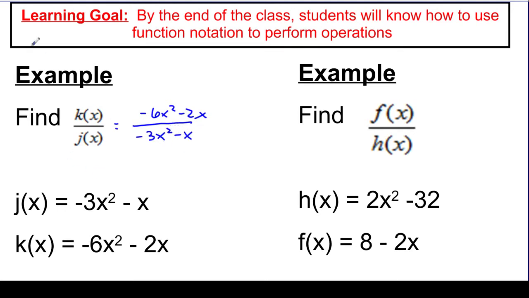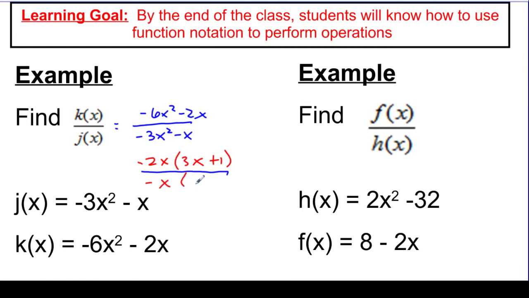So I need to factor this expression. If I factor the numerator, it looks like they have just a GCF of negative 2. So let's remove that. Negative 2x, and it looks like I'm left with 3x plus 1. My denominator, I'm going to look at this and say, this has a negative x in common, so I'm going to remove that negative x.